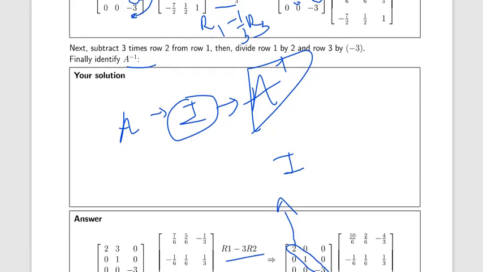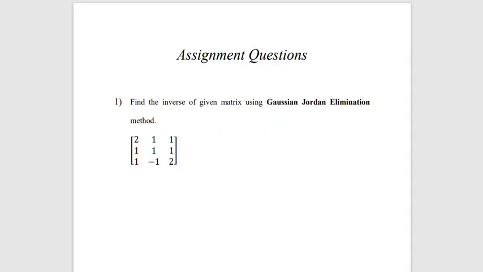Okay, now your assignment. You have to find the inverse of this matrix with the help of the Gauss-Jordan or Gaussian elimination method. You have to upload the whole method, the whole calculation, not only the answer, merged in a PDF, then upload.